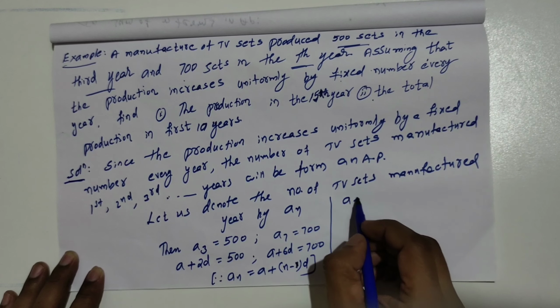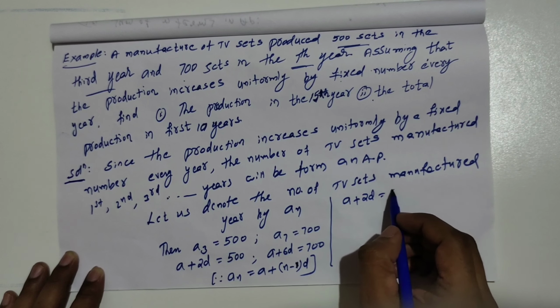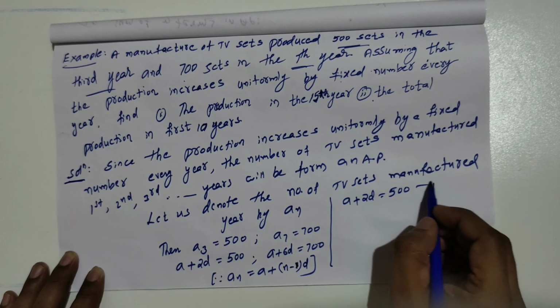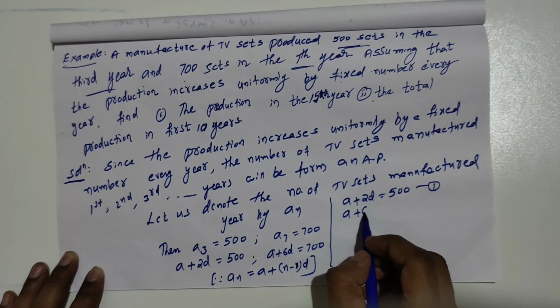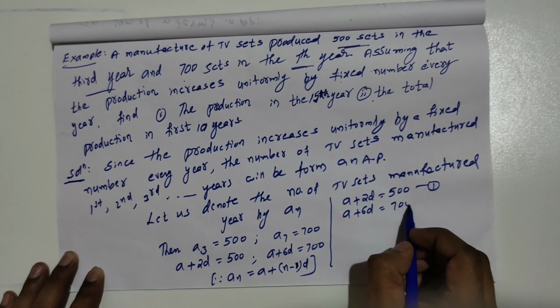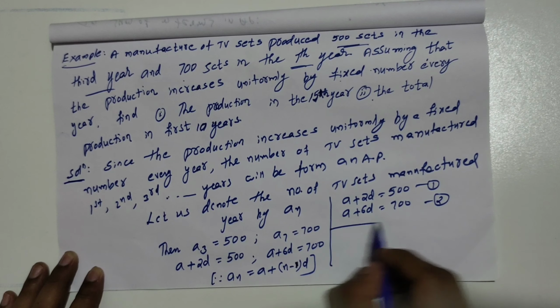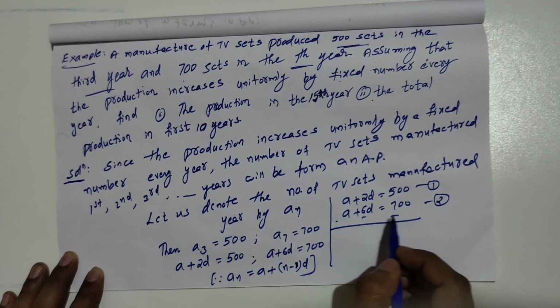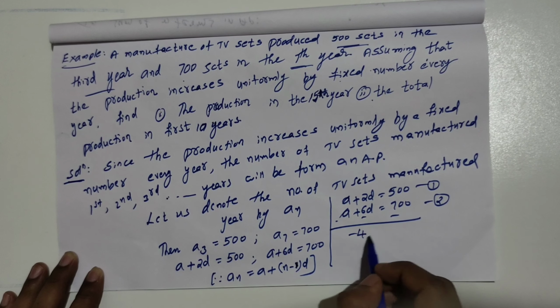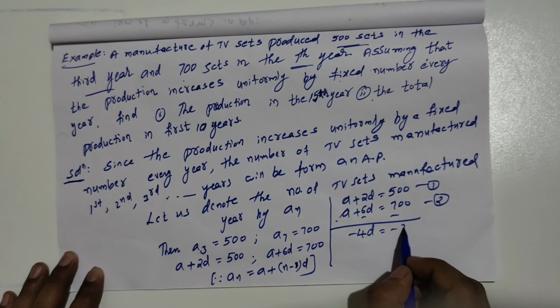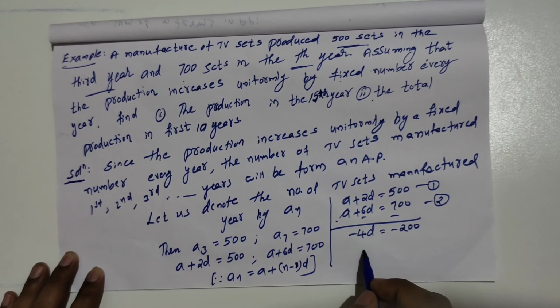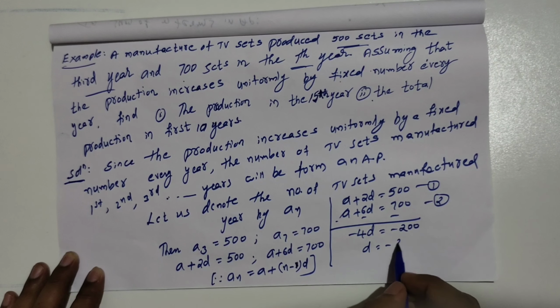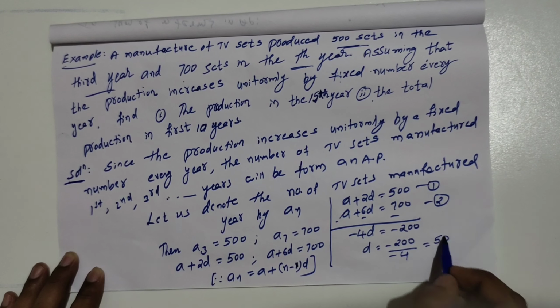Now solving these two equations, a plus 2d equal to 500, equation 1, and a plus 6d is equal to 700, equation 2. By subtracting, we get simply minus 4d is equal to minus 200 by the elimination method, as we know. So minus 200 by minus 4, simply we get d value 50.